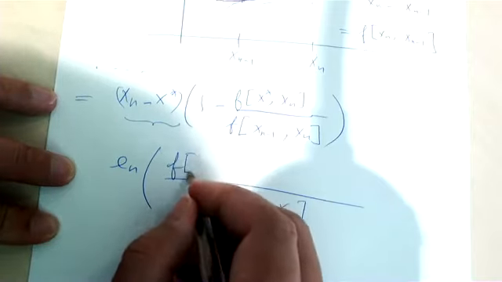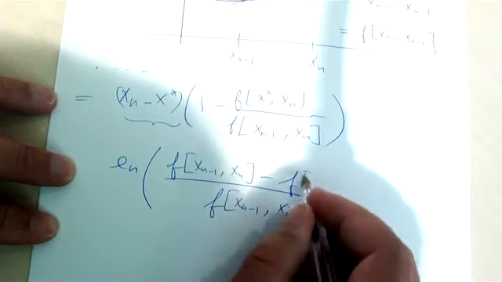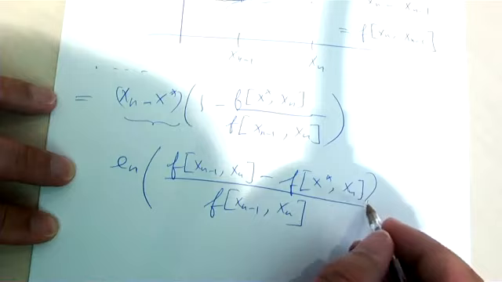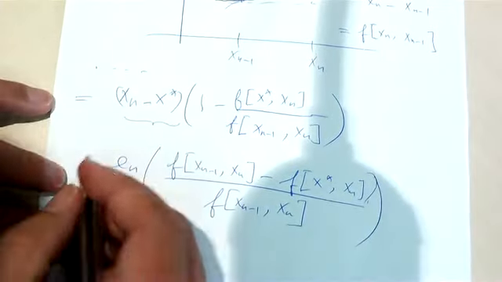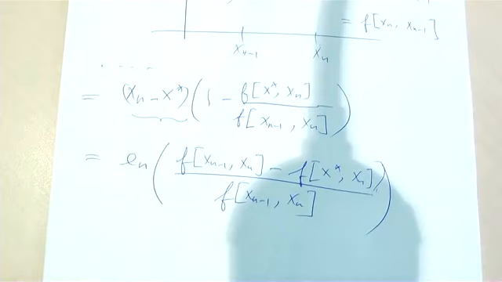So I have F Xn minus 1 Xn here minus Fx star Xn. Is it the same as the right hand side yet? Yeah, it's the same, except that you multiply and divide by the same term again.